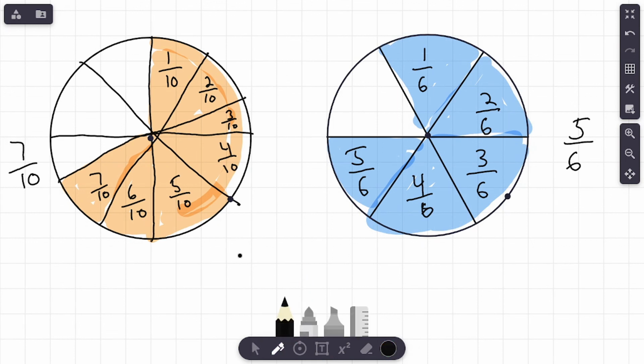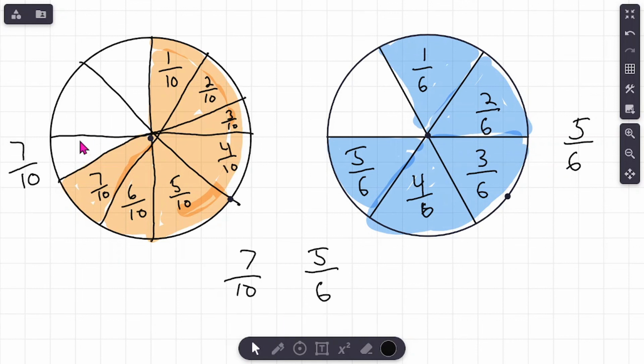So we've got our two fractions here. We've got 7/10 and we've got 5/6. So this here, it's pretty close, these two fractions. But I think we can figure out which one is larger. Taking a look at 7/10 here, it ends under a quarter. If we look at 5/6 here, it's a lot smaller of a piece that's left over compared to this section in 7/10.